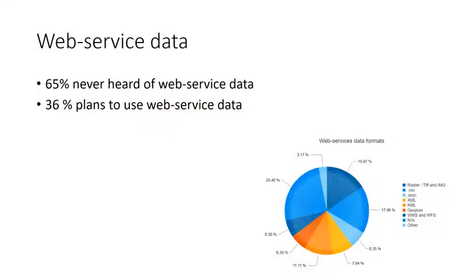Web services data come in different formats. Most participants have experience using raster, CSV, and KML data. However, the most common web services formats, especially in a geospatial platform, are XML, JSON, Web Map Services, and Web Feature Services.